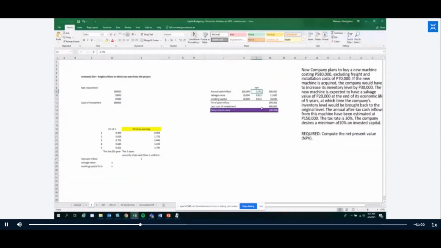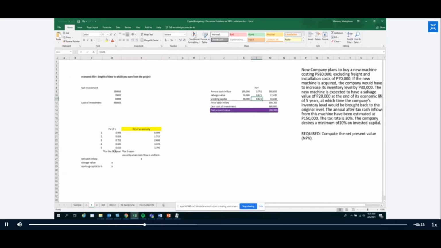Okay? And then the salvage value, kasi alalahanin mo, no, ang salvage value, you will just get this, hindi naman yearly, di ba? Makukuha mo lang to towards the end of the life of the machine, no? So in this case, towards the end of the 5th year. So kaya kinukuha natin yung present value of 1, which is 0.621. Similarly with the working capital to be released towards the end of the project or life of the machine.